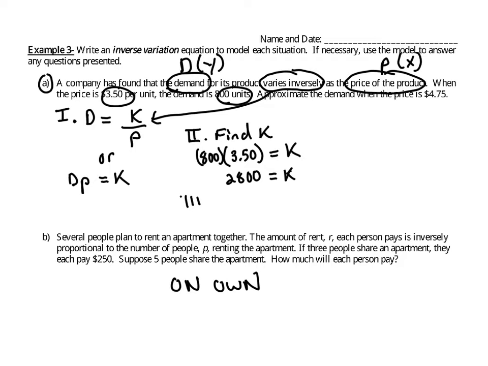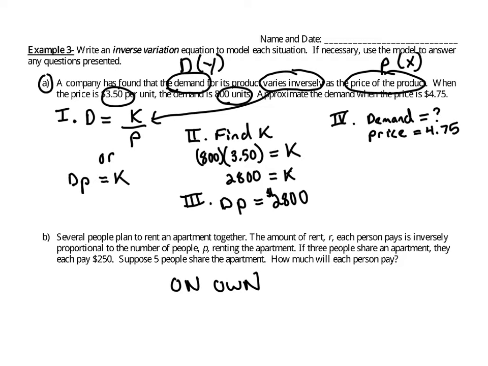So our third step in this process is then to write our general equation, now with the value of k. So I will write D times P equals 2,800, and that is our general equation that we will use to answer the question.